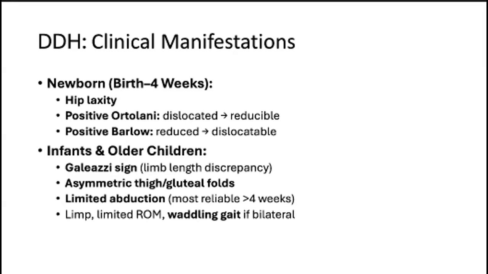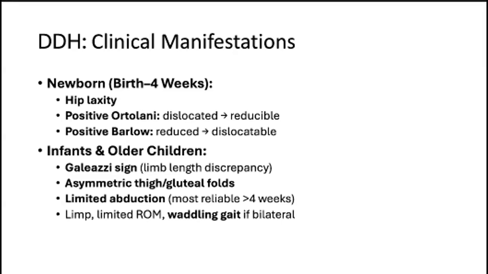Other observable signs, we have limb length discrepancy. So the Galeazzi sign is an apparent shortening of the femur on the affected side, observed with infant supine, hips and knees flexed, knee on affected side appears lower. Asymmetric skin folds. So asymmetric thigh folds, asymmetric gluteal folds, can be a clinical sign of hip pathology.